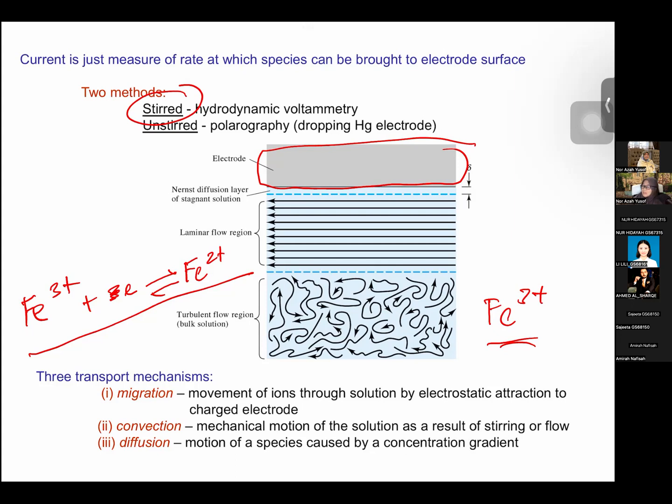Yeah, this is called bulk solution. So this is where the ferrum 3 plus is situated, and it has to move closer to the electrode so that there is a transfer of electron. So stirring can also help.